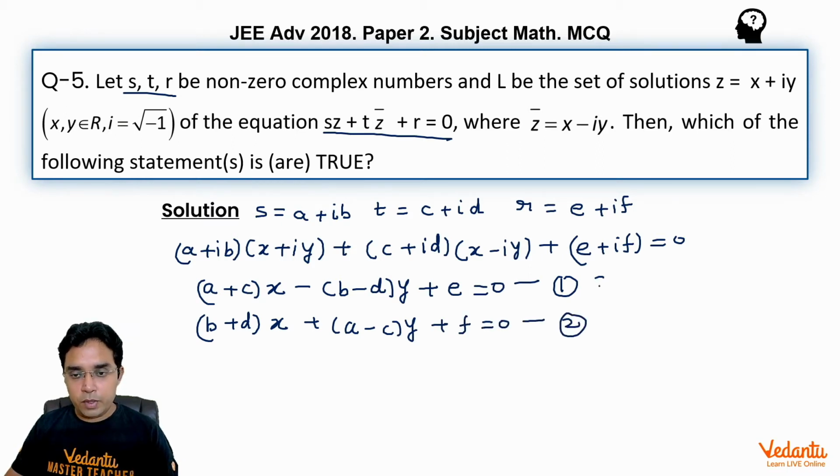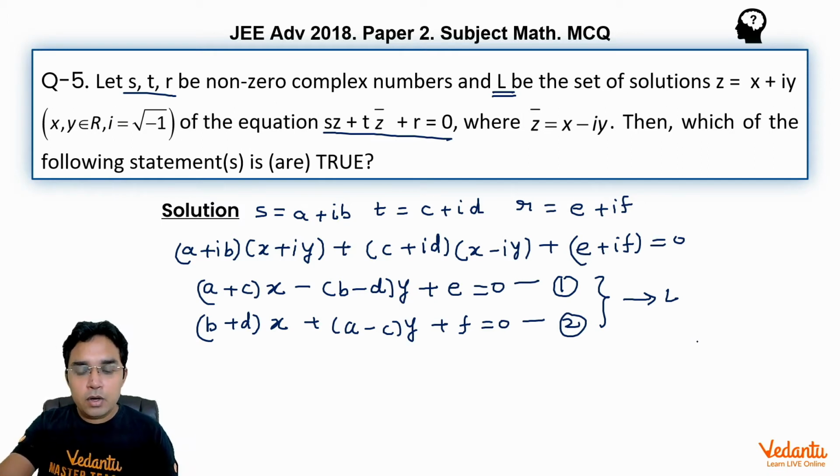Now these two equations, if solved, their solution set will be called L as given in the question. Both equations 1 and 2 represent straight lines, so whatever solution of these lines we get will be in the solution set L.